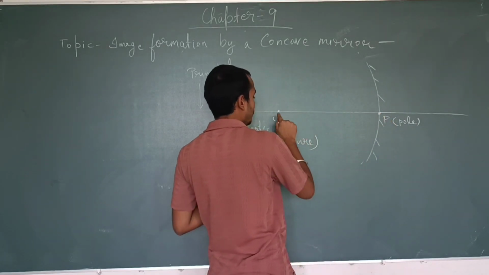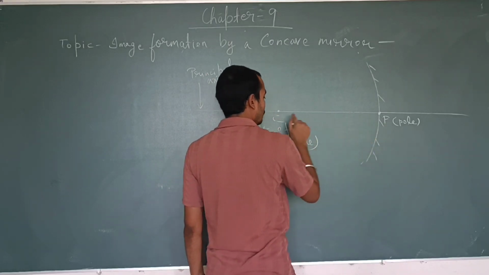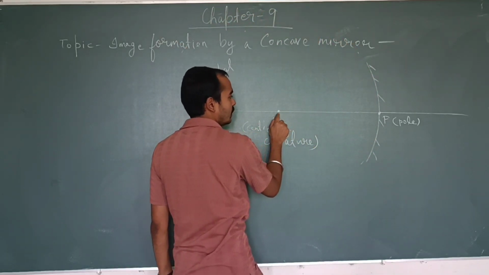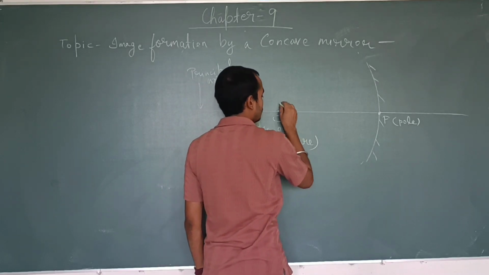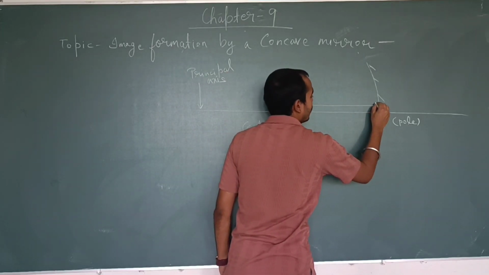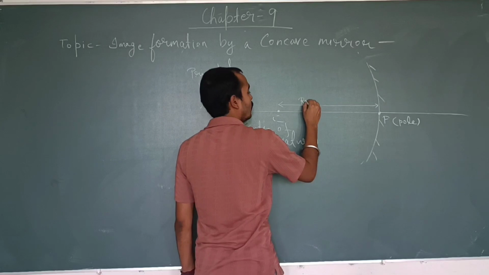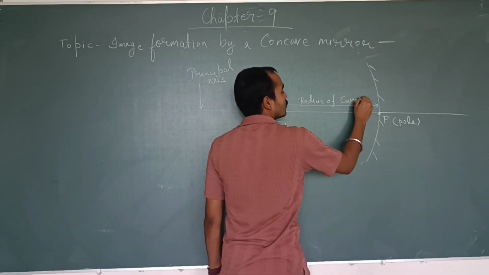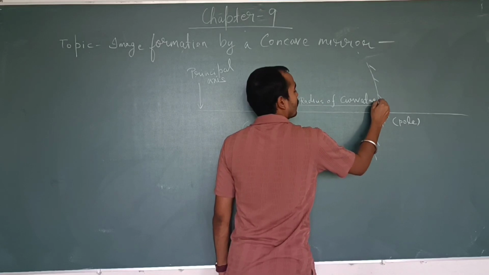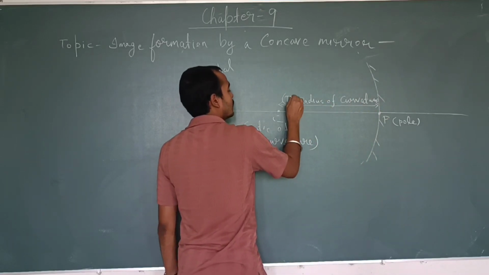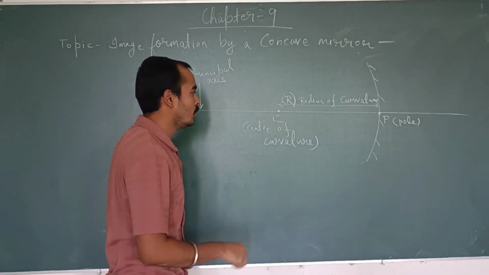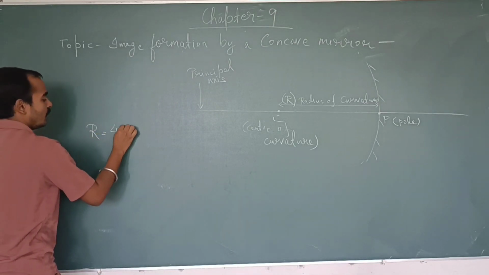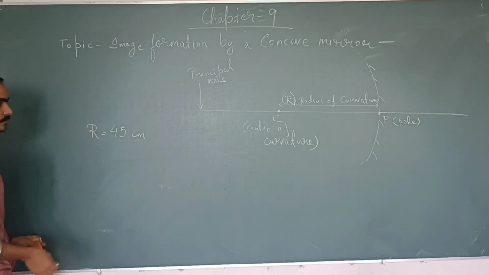Now this is 45 centimeter. The distance from the center to the pole, if it is a circle and this is the center, then this distance we call the radius. Here it is called the radius of curvature and it is represented by R. So here the radius of curvature is 45 centimeter.